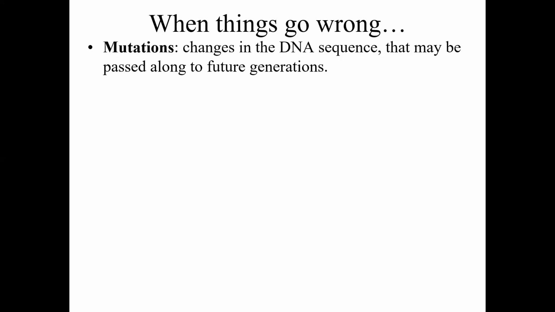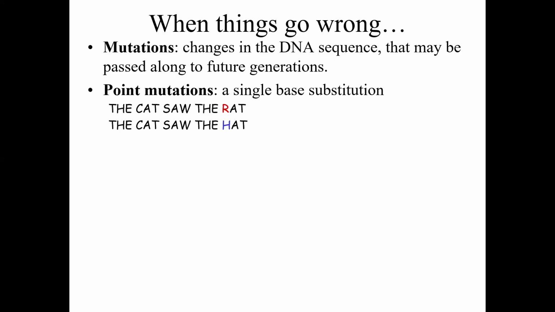Now, for mutation: when there are changes in the nucleotide sequence of the DNA, we say mutation occurs, and it can be passed from one generation to the next, to future generations.